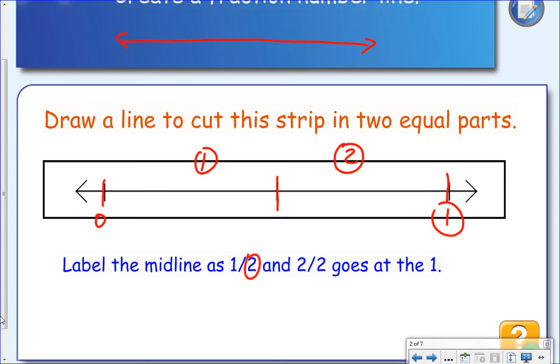And then it tells me to label the middle line as 1/2. And then 2 halves would be over here at the 1, which means a whole, because 2 over 2 is 1 whole.